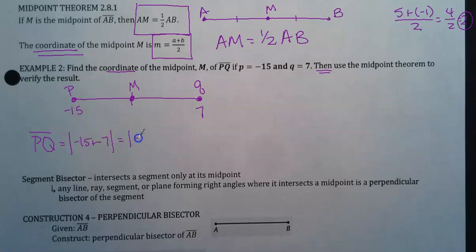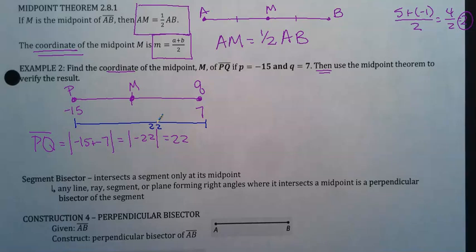So that's the absolute value of -22, which is 22. That just means the length from here to here is 22. Would you all agree? At some point we have to go up 15 to get to 0, and then add 7 more, so that gives us a length of 22.